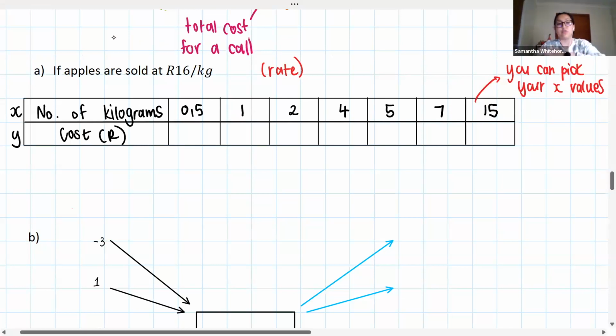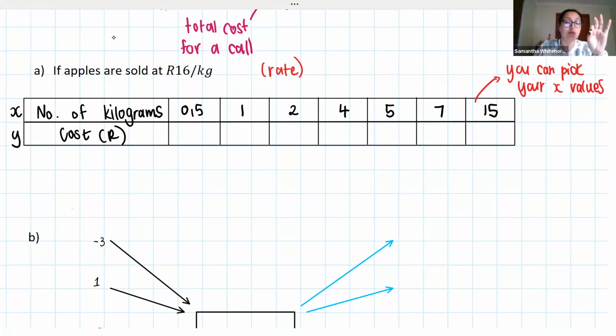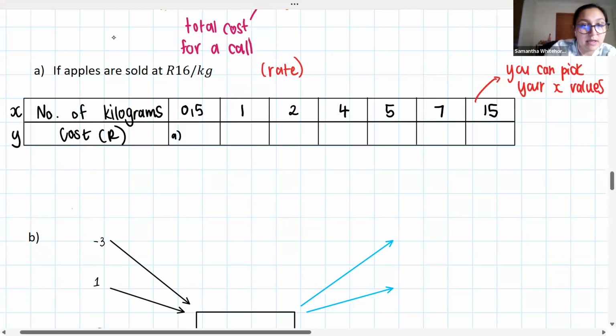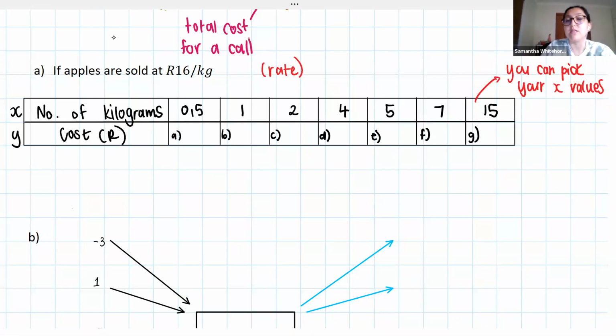I've given you just random X values. But because you know that apples are sold at 16 Rand for every kilogram, you can go fill in the cost. I'm just going to fill in A, B, etc. in our tables, so that when you give me answers on the chat, I know what's what. So I want answers for these 7 input values.